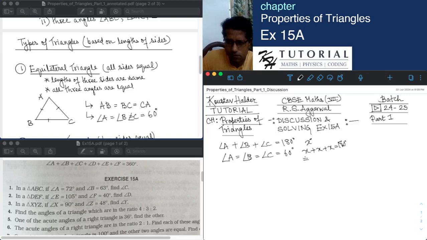So this implies that 3x equals 180 degrees, so x is equal to 60 degrees.